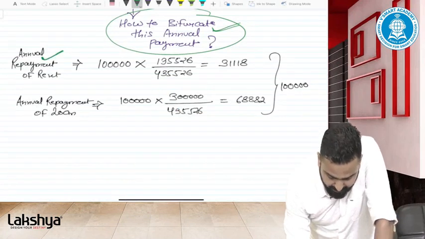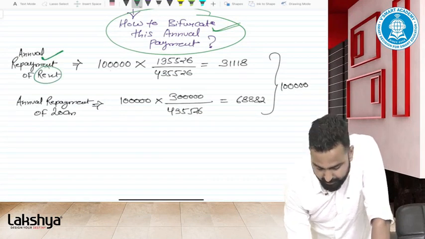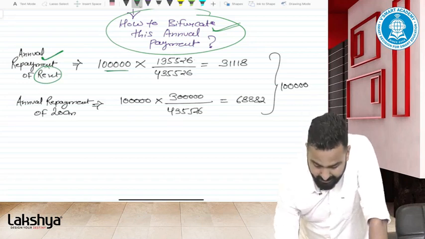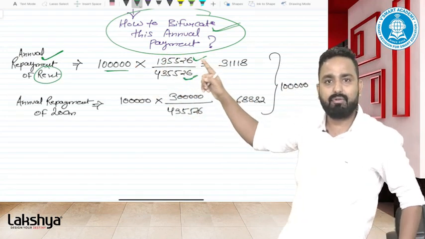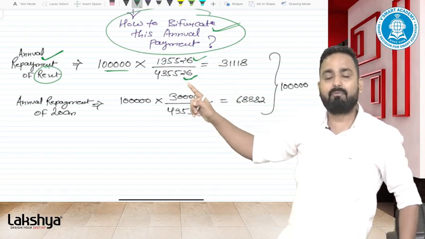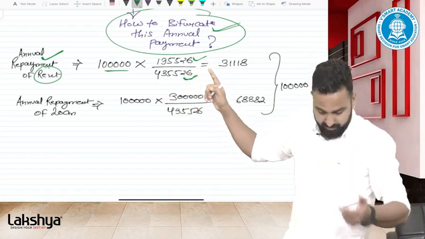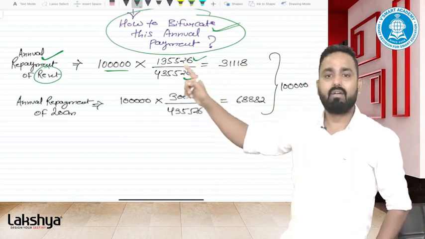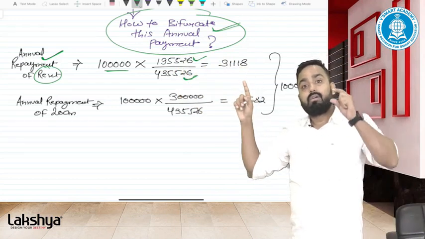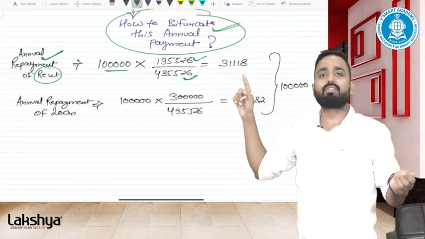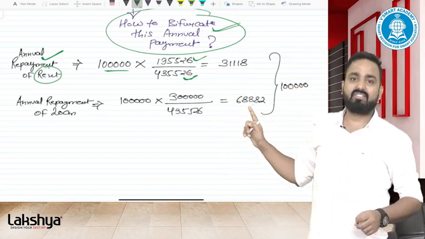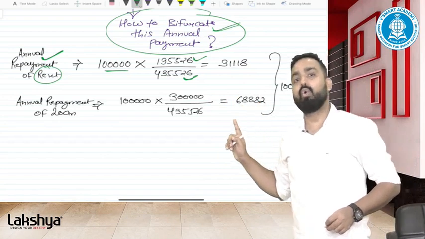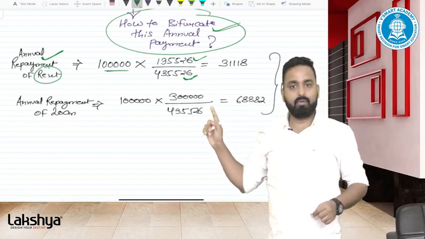So annual repayment of rent will be 1 lakh multiplied by 135 divided by 435. Technically, out of 1 lakh, 135 is the present value of lease rent divided by 435, the total present value. So 3,118 will be the portion of 1 lakh that is the lease rent, and the rest 6,882 is the repayment of loan.